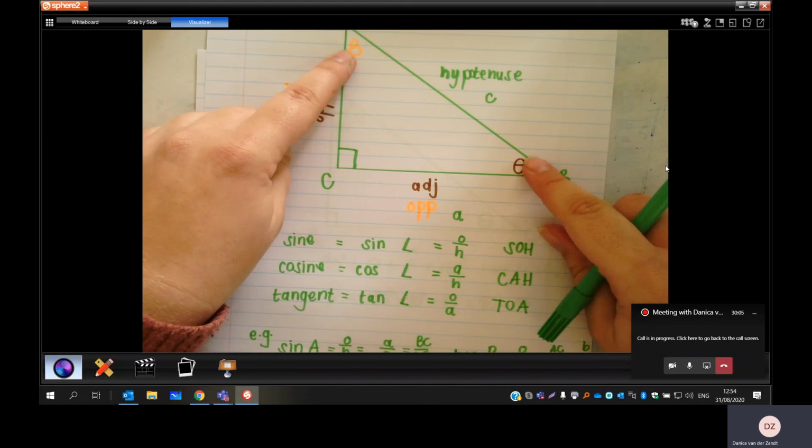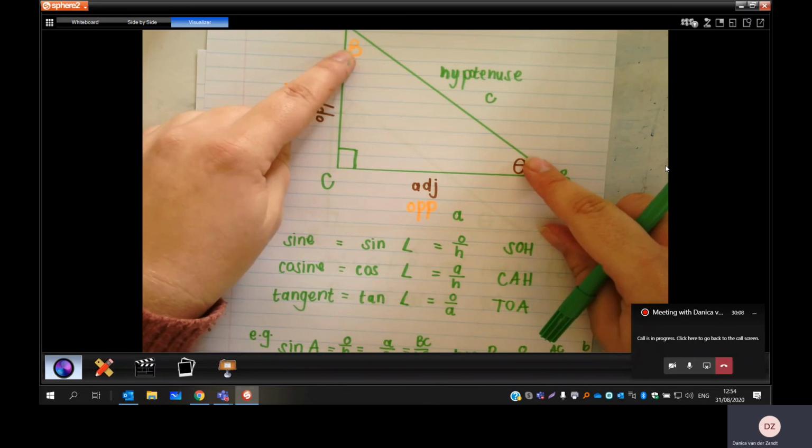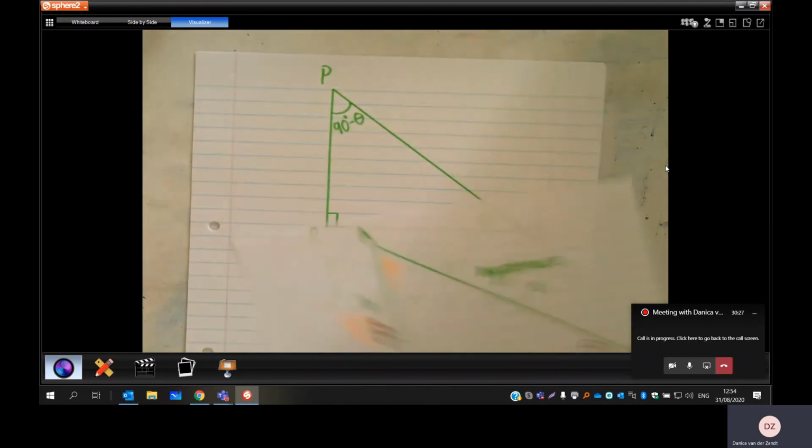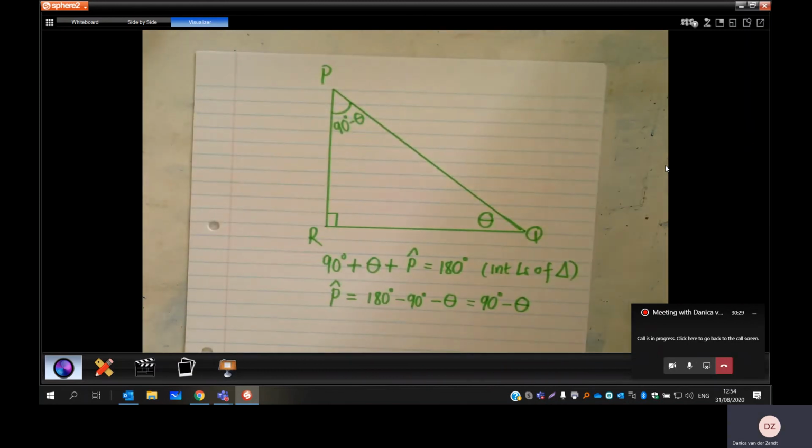So sine of theta will be equal to cos of 90 minus theta. And sine of 90 minus theta will be the same as cos theta. So they are always the same in the opposite reference angle. And that is why we call them co-ratios. But we will work through that in little bits.